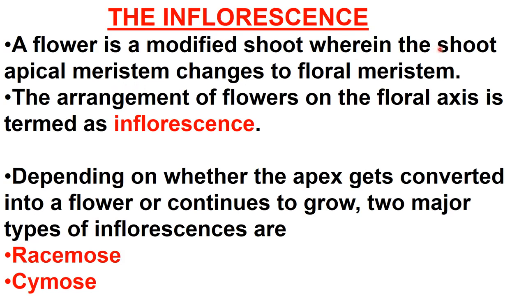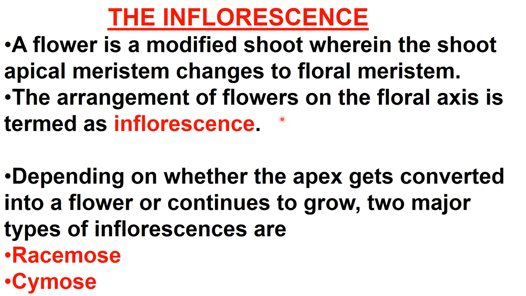So that shoot apical meristem changes to floral meristem. Floral meristem means the actively dividing part that will form a flower. So what is happening? Shoot apical meristem is converting into floral meristem, and then that floral meristem gives rise to the different parts of the flower, and a flower will be formed, right?